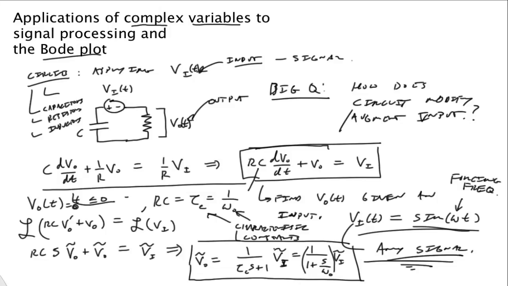So now I'm going to get a new sheet of paper out and rewrite that. We have the result of our circuit: V out tilde is going to be related to 1 over 1 plus s over omega naught times V in tilde. I'm going to label this now.